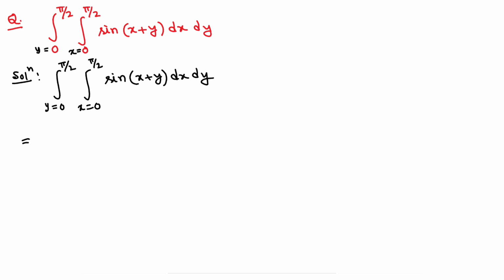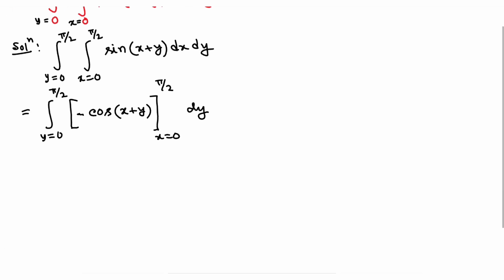First integration is with respect to x, so integration of sine is minus cos, so this will be minus cos of (x plus y), and the limit is x equals 0 to pi by 2, dy.